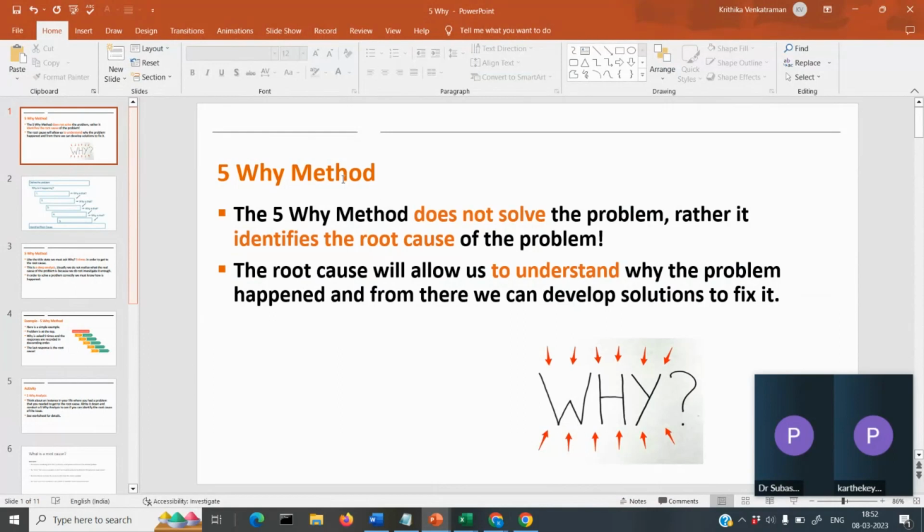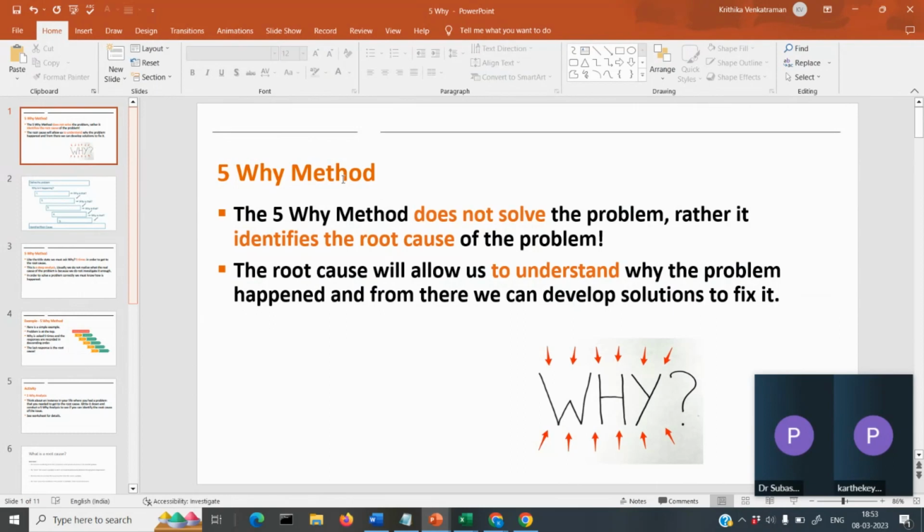The 5 why method is a primary method that will help us identify the primary cause or the root cause of a problem. Whenever you say fever to the doctor, it is not directly that fever is a cause. There are other reasons. It can be because of a flu, or a bacterial infection, or a viral infection.